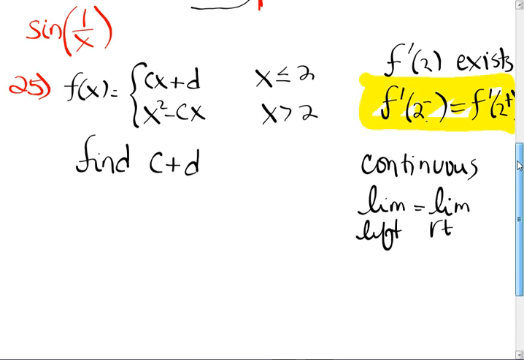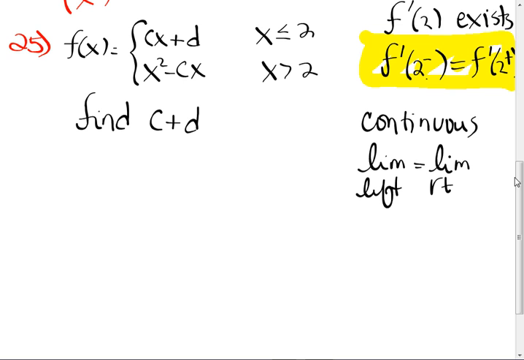What is f prime for x less than or equal to 2? Let me write it up this way. If this were a free response question, this would be a good way to write it. I want f prime of x for x less than or equal to 2, x greater than 2. You're not going to be used to the problems that you're going to see on this exam unless you practice them. So what's the derivative of this one?